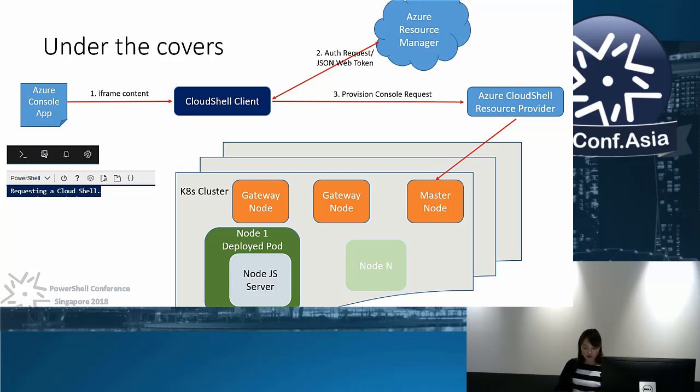Okay, so master will assign the task to node 1 here. Node 1 will take over the task and spin up a Linux container in it. So with that, you will see on your client, you will see succeeded. That means, okay, we got a good pod deployed for you.